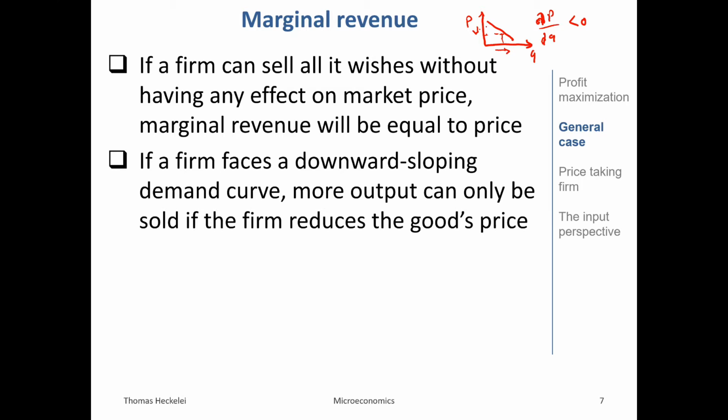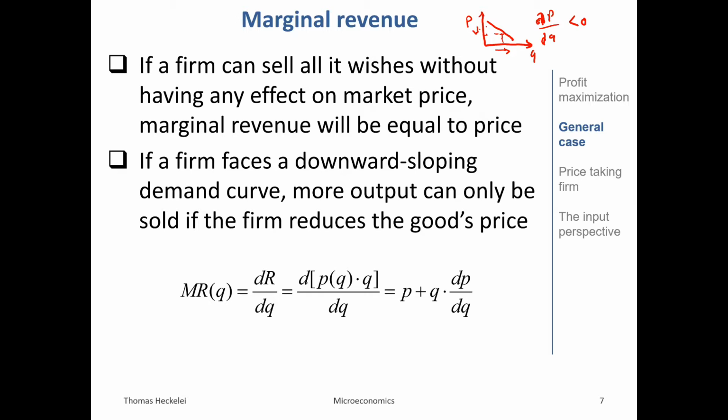So that is the downward sloping demand curve. So what is the implication of the downward sloping demand curve for marginal revenue? Let's see.